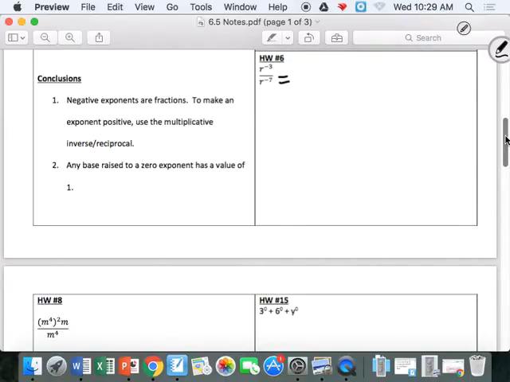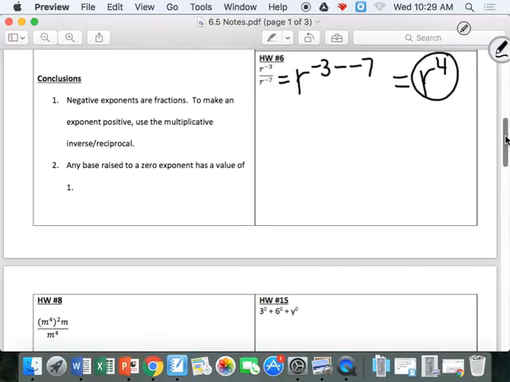So this is negative 3 minus negative 7. Does everybody understand what I've done so far? Negative 3 minus negative 7 is positive 4, so it would be r to the 4. The good news is my answer does not have a negative on it anymore, so I don't have to do anything else.